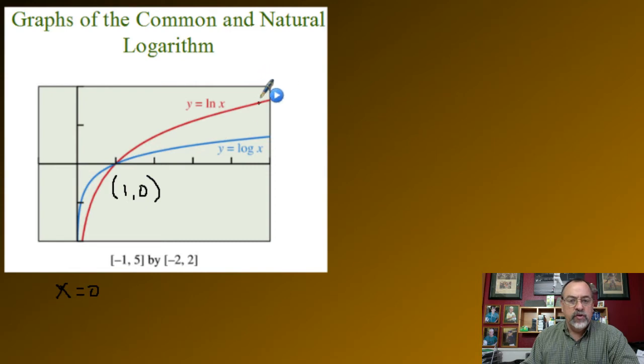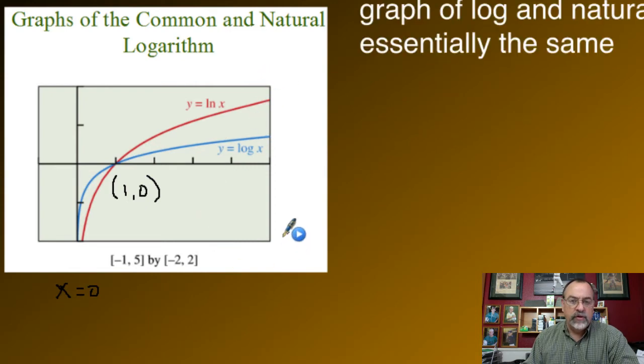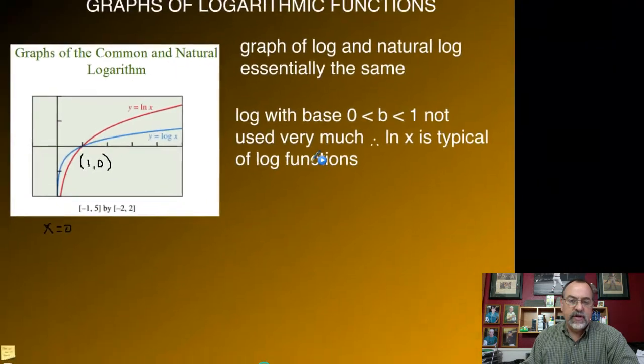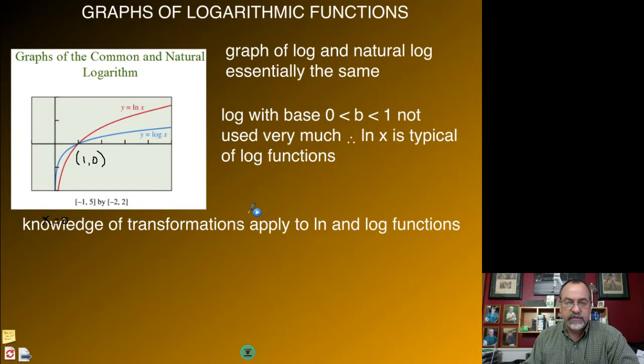All right, so these are what the graphs are going to look like. You'll notice they're essentially the same because the bases are the only difference. Once we have the general shape, our knowledge of transformations is going to apply to both of these. Meaning, if you want to shift it right or left, you're going to have a value subtracted from the x.